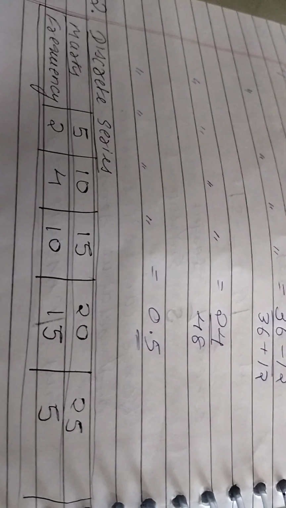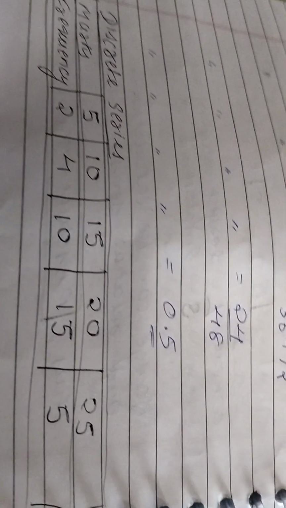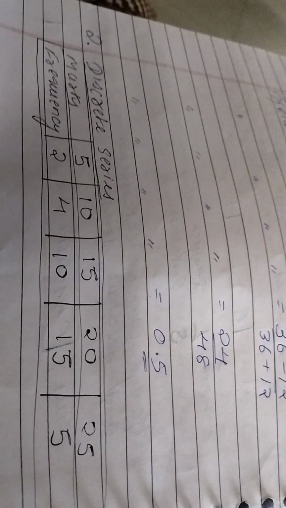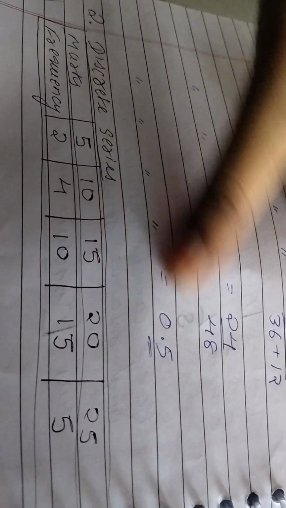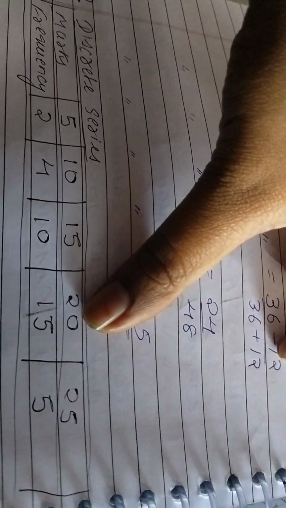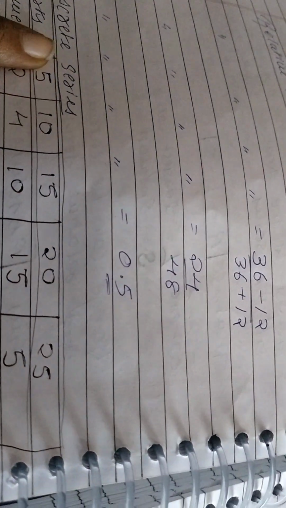marks. So here we can see that in the range, even though the frequencies are there, there is no work of the frequencies. The important role is of the marks. The smallest value is 5 and the largest value is 25, so there is no work of the frequencies.